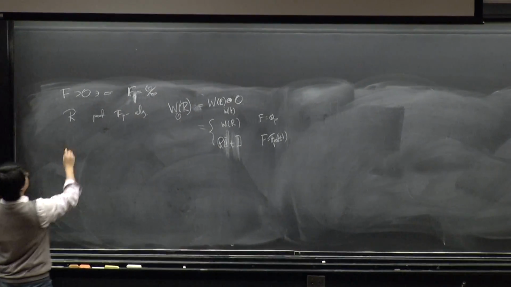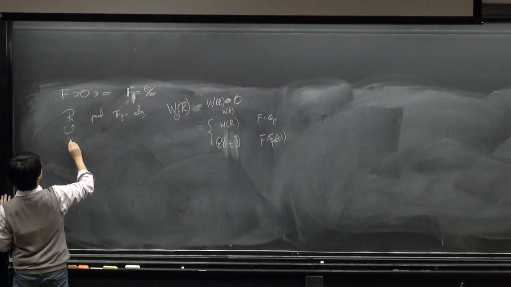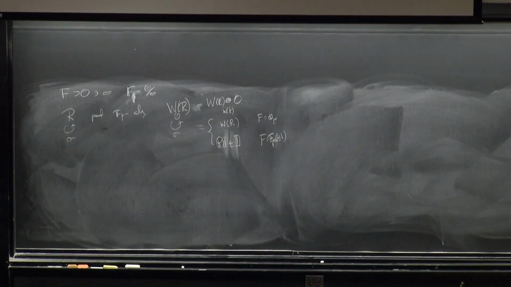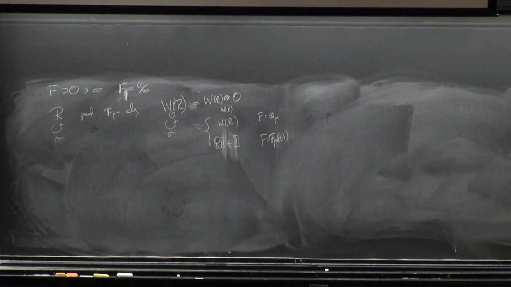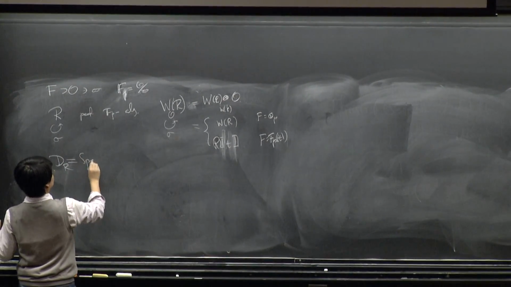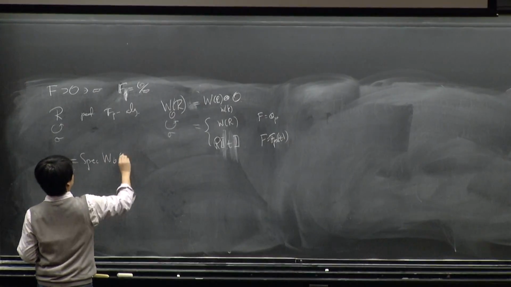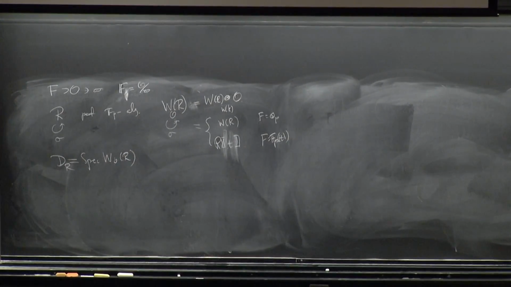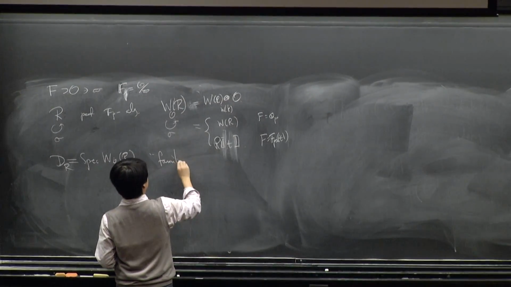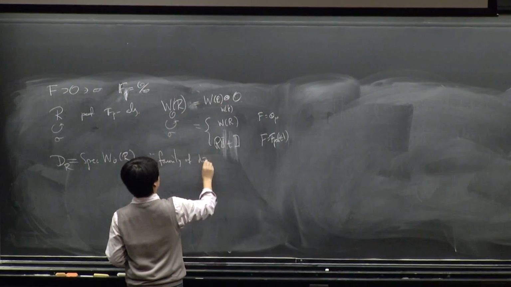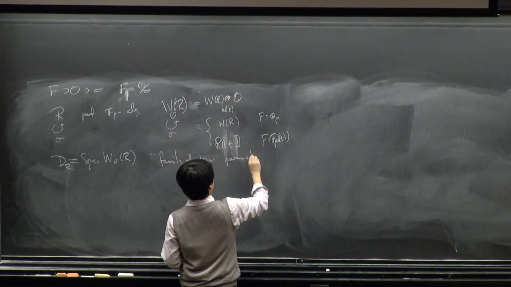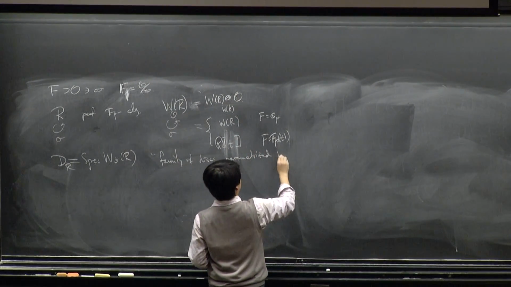So in particular, there's a natural Frobenius acting here, denoted by sigma. Let me denote D_R as Spec W_O(R). One should think this is a family of disks parameterized by Spec R.